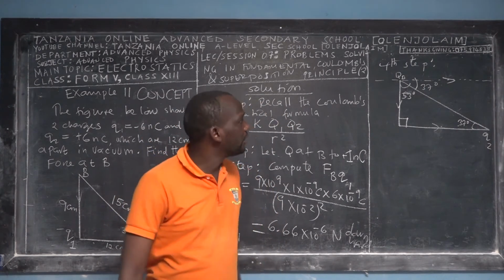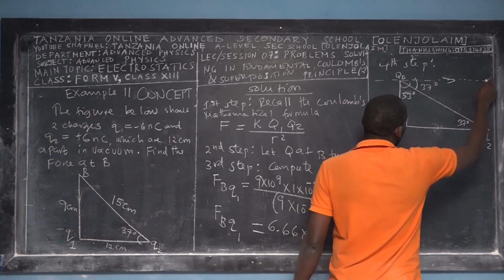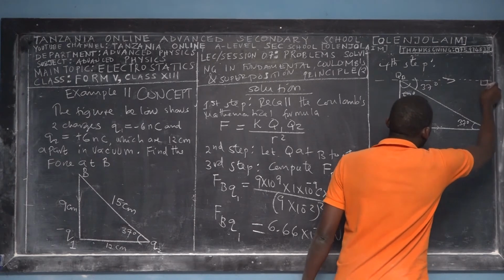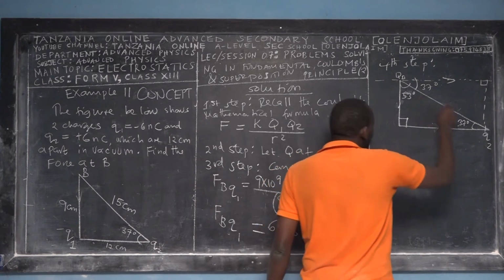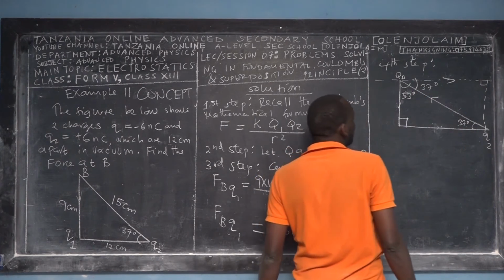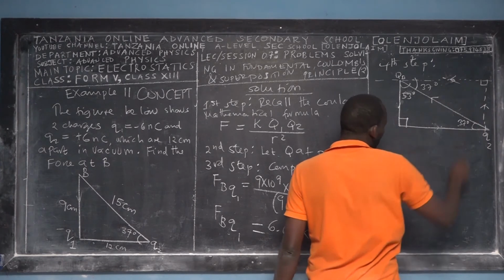So what will be our angle? Suppose these notations are confusing you, we can just prolong another right angle triangle here. If you prolong this, this charge will be pushed away, right? So we have the vertical and horizontal components pushing like this.